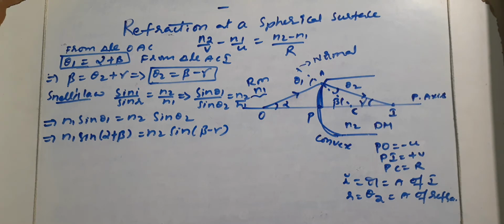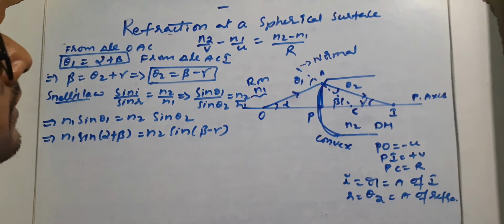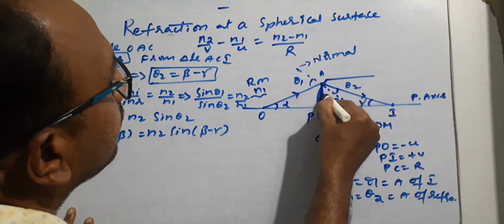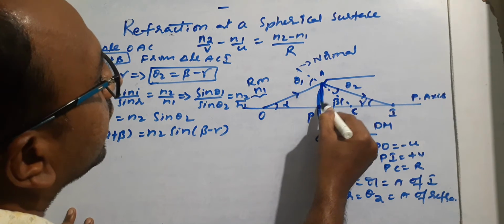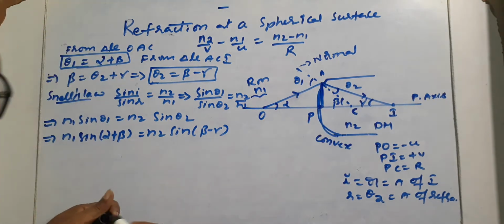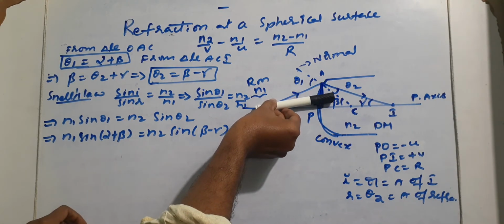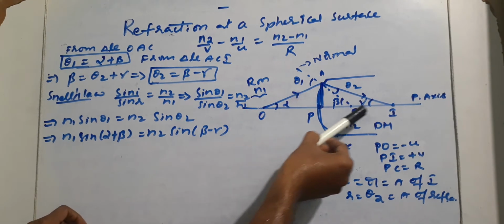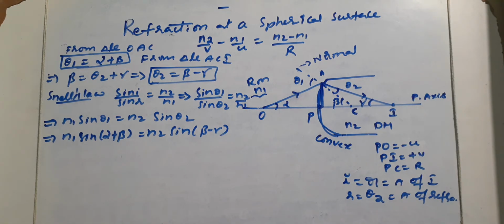From the point A, a normal is drawn to the principal axis, coinciding with the point P. When the incident ray is incident on the convex surface of the denser medium like that, alpha, beta, gamma will be very small.